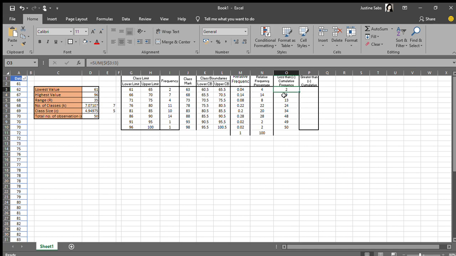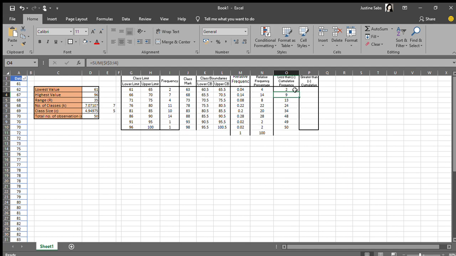The sum of the first and second is placed at the second less than cumulative frequency. Then 9 plus 4, we have 13. 13 plus 11 is 24. 24 plus 10 is 34. 34 plus 14 is 48. 48 plus 1 is 49. 49 plus 1 would be 50.